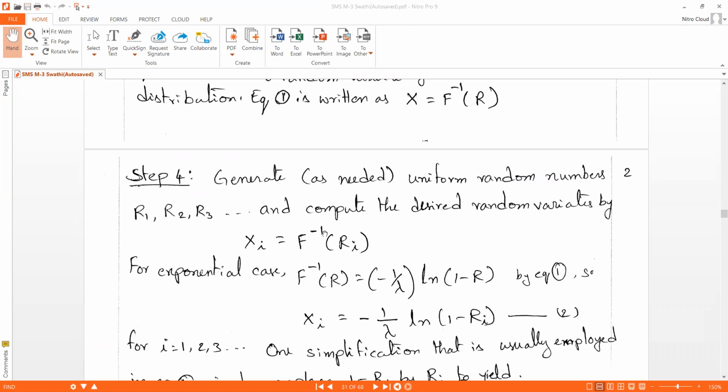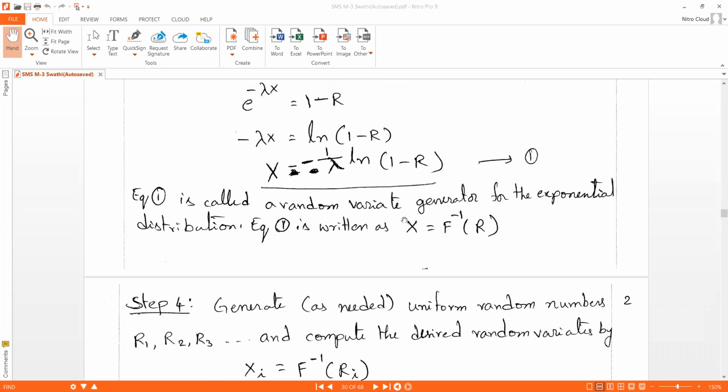Xi is equal to f inverse of ri. In xi's place, we are substituting the x value from equation 1, x equal to minus 1 by lambda into ln of 1 minus r.